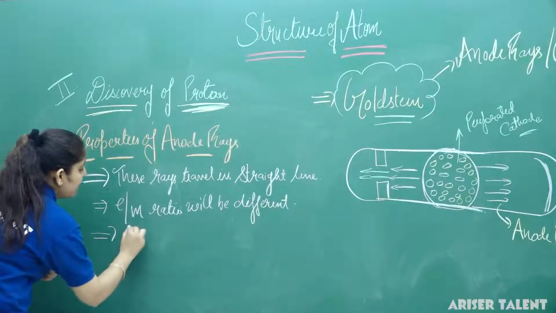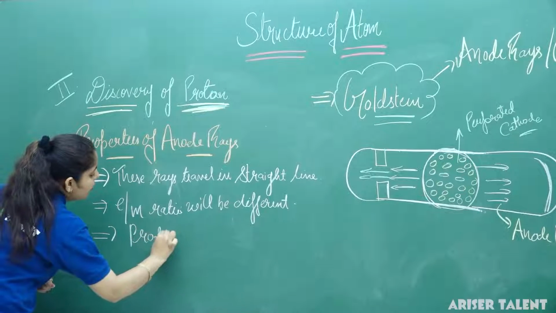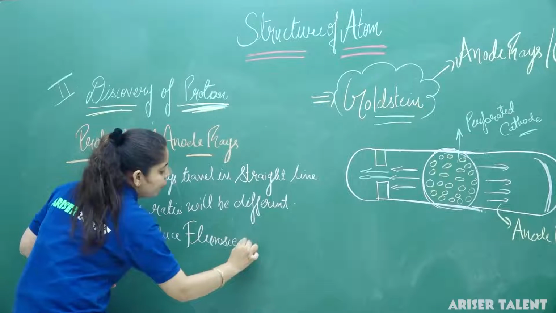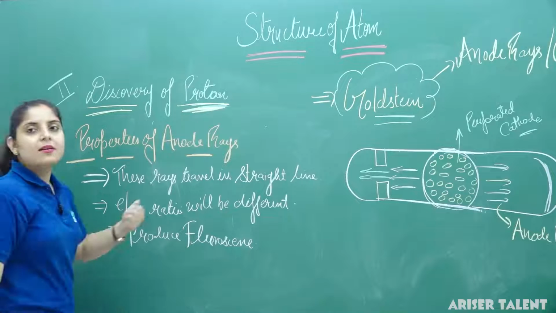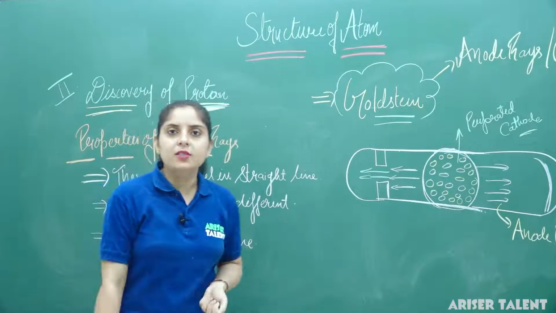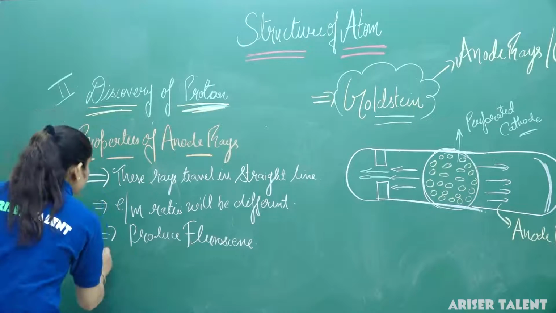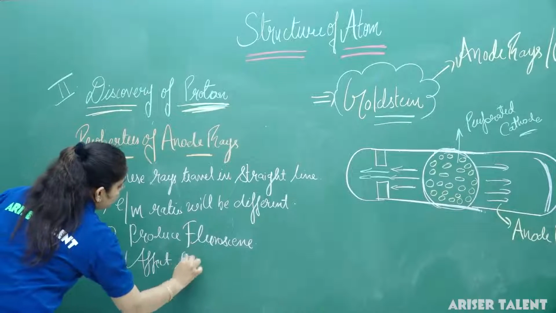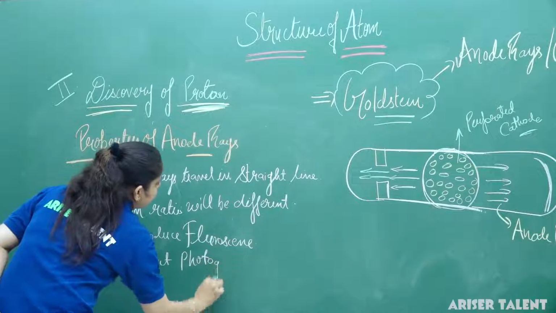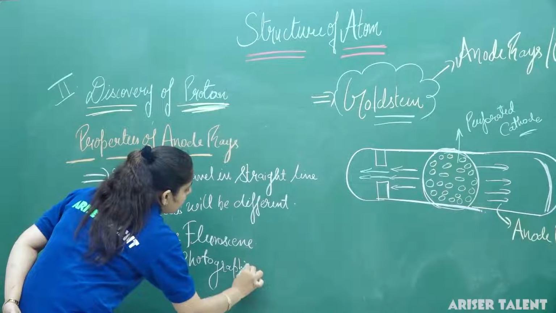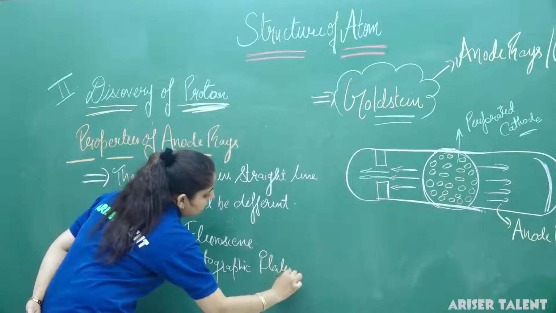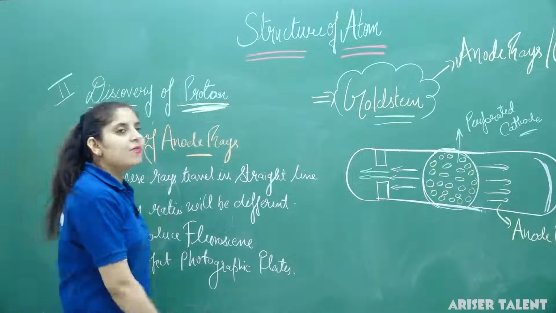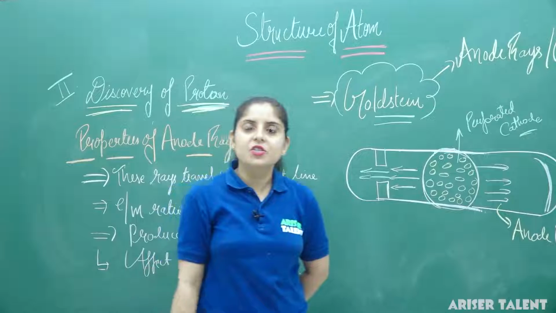These rays are able to produce fluorescence, as they affect the fluorescent photographic plate also, because they have a tendency to produce fluorescence on the screen. They are going to affect photographic plates, and they have the tendency to produce ionization of gases.